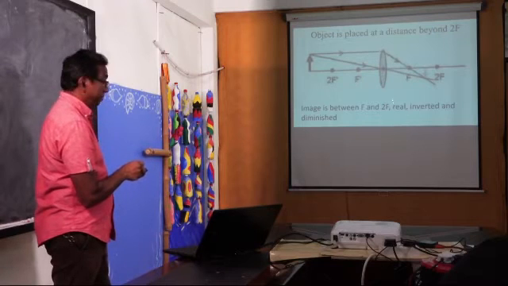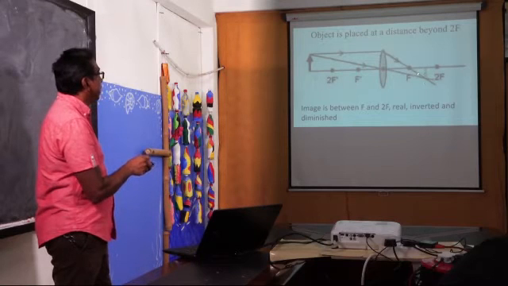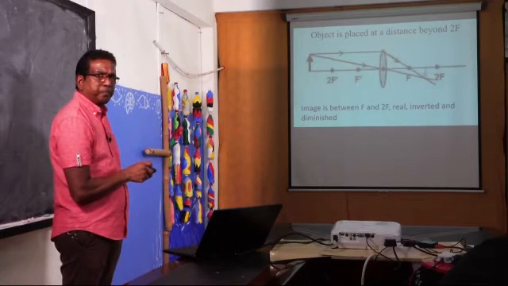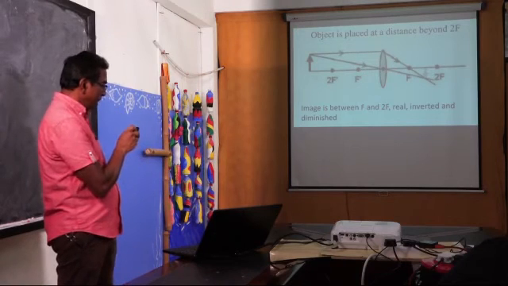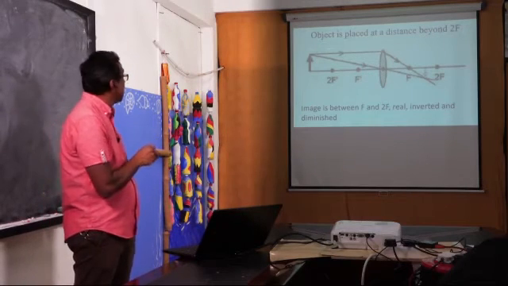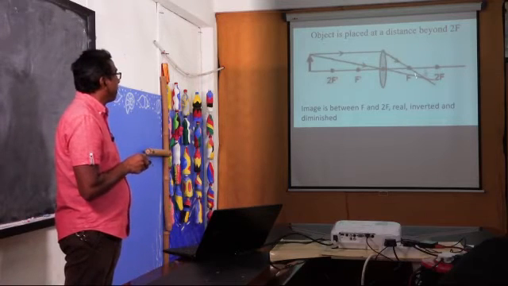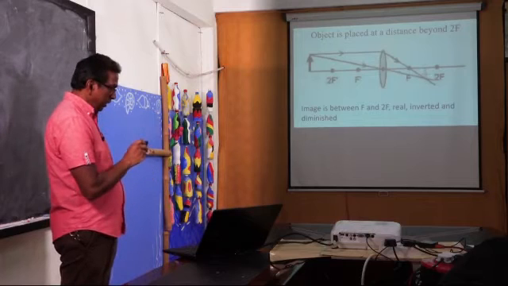You can produce it on a screen. It is even inverted, upside down, and it is diminished, it is smaller. When you draw it at home, you will see these things. This is for an object placed beyond 2F: the image is between F and 2F, real, inverted, diminished.